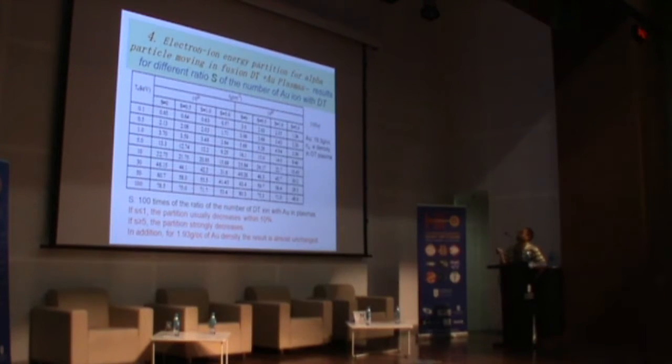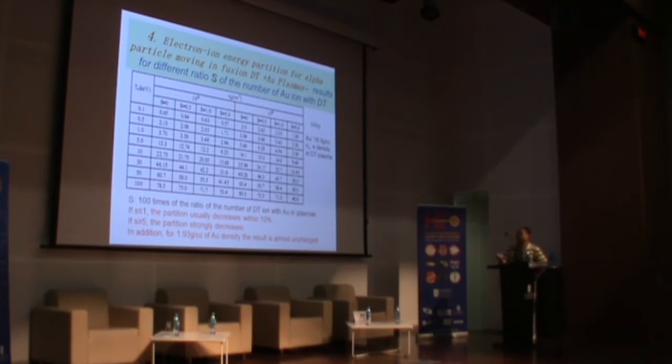This table gives our final result for different ratio S of the number of Gild ions with DT ions. Here is S, and it's 100 times the ratio, and all these are the energy partition which is enlarged by 100 times.